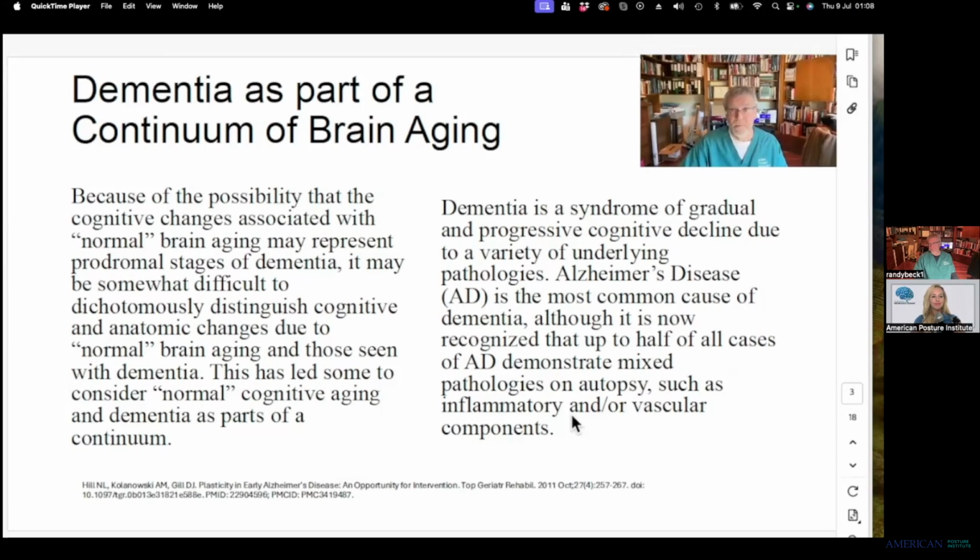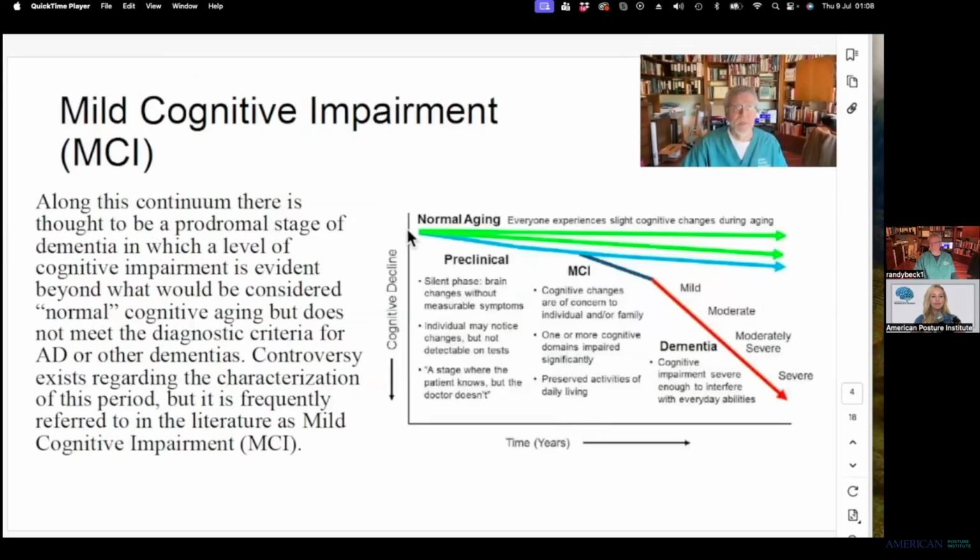On this continuum, there's thought to be a prodromal stage of dementia in which the level of cognitive impairment is evident beyond what would be considered normal cognitive aging, but does not meet the diagnostic criteria for any kind of dementia, including Alzheimer's disease. Now, this has been given the title of mild cognitive impairment.